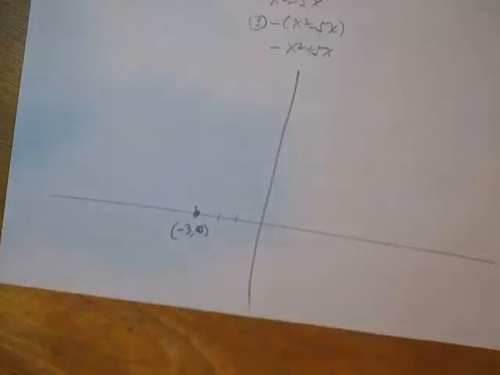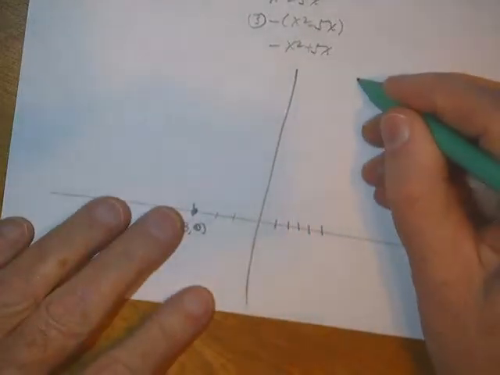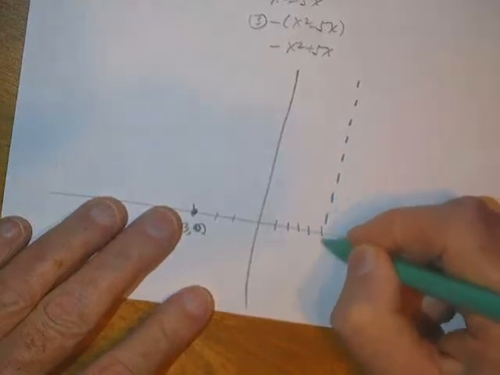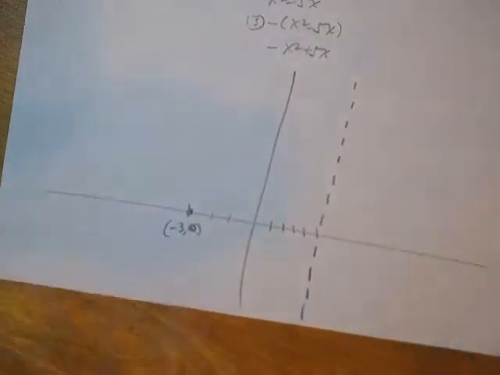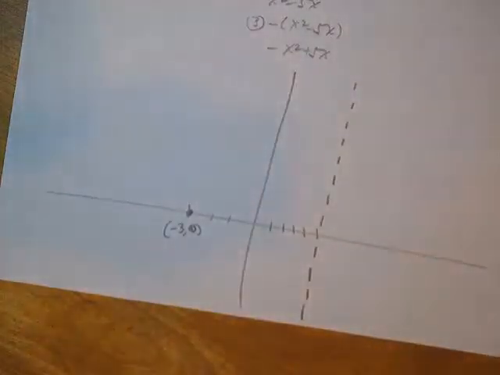I must intersect that point. 5, 1, 2, 3, 4, 5. Here's my vertical asymptote. I'm just doing a homemade graph here. Got stuck at home with no graph paper.